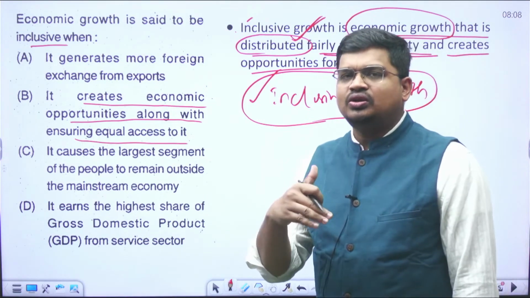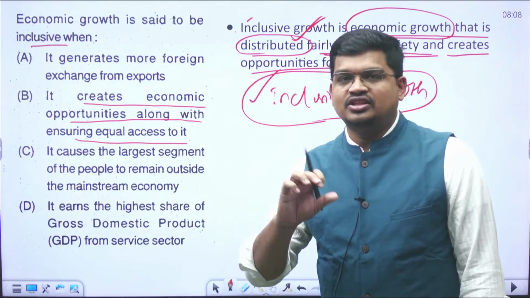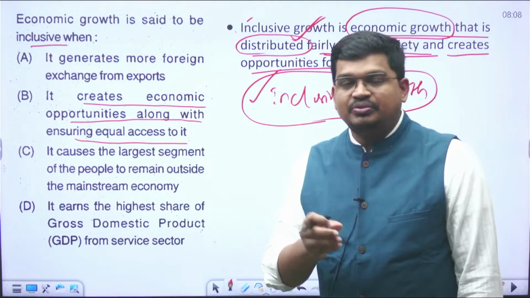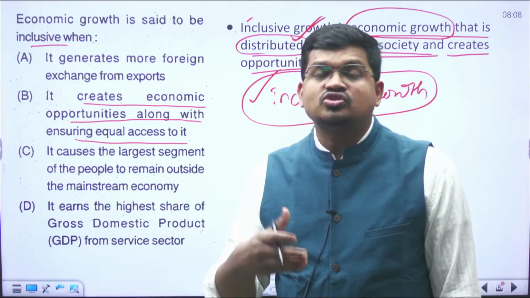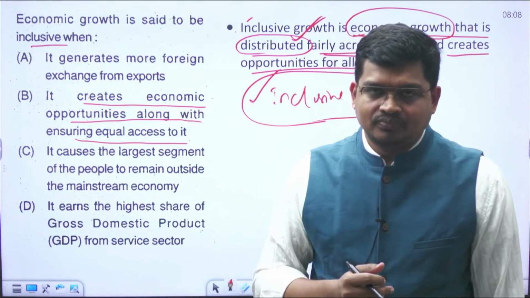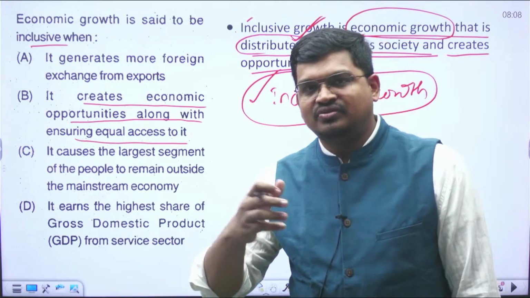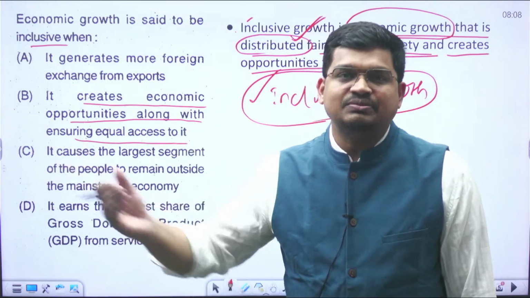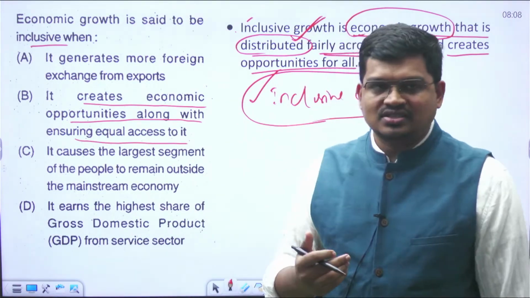Then economic growth is viewed as the rate of change in GDP. GDP is considered as an indicator. Currently we also have gross value added. From 2015 onwards, the calculation has been shifted from GDP to this GVA model. That is a separate issue, and we will discuss the methodology in detail.